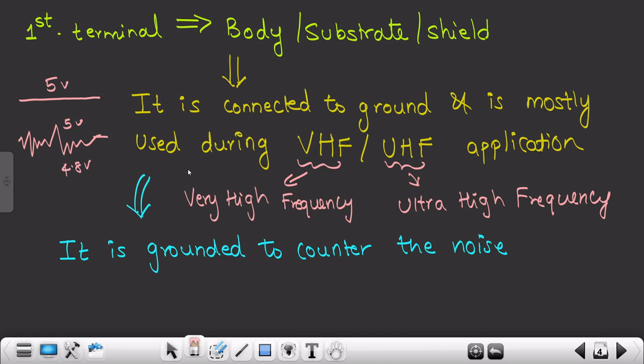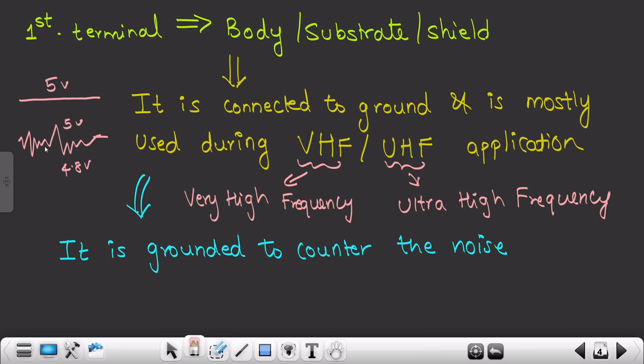Then why are we asked to connect the body terminal during AC analysis? This is because during AC analysis we are generally dealing with amplifiers, and when we are designing an amplifier, along with the desired signal, this ripple signal will also get amplified.